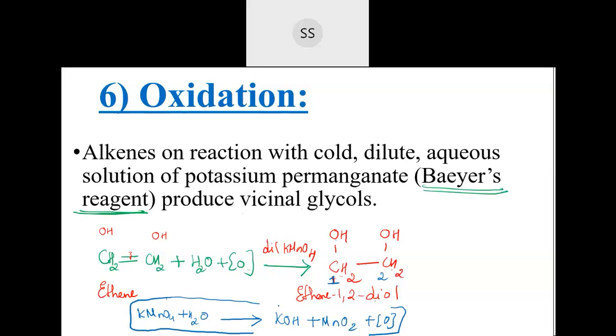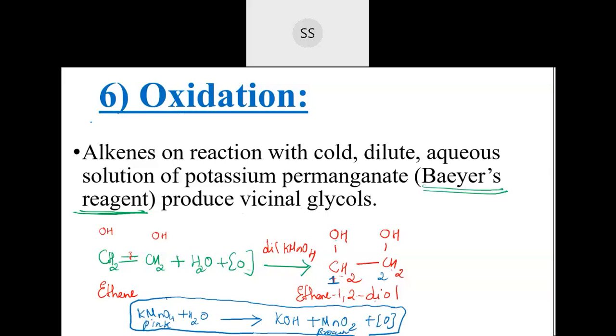KMnO4 is pink in color. Pink color changes to brown because of formation of MnO2. This is pink in color. It changes to brown color because of formation of MnO2. And this is one more test to check the unsaturation.